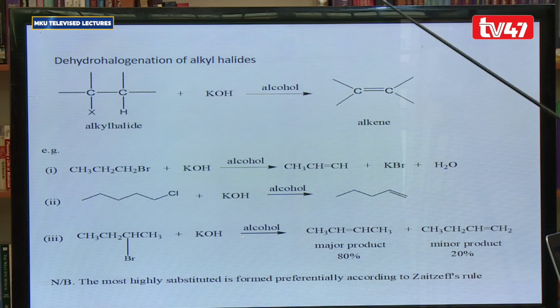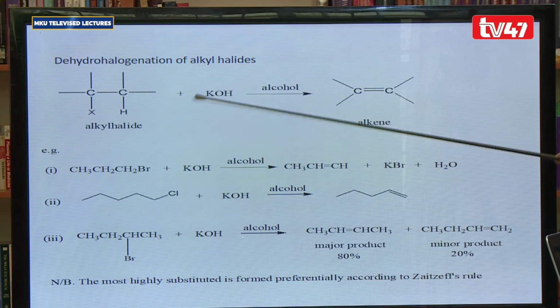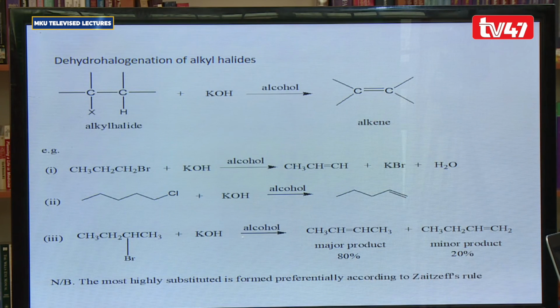Now, if you remove the halogen atom together with the neighboring hydrogen, and this can be done in the presence of alcoholic alkali solutions, then you end up with formation of an acid molecule and an alkene.